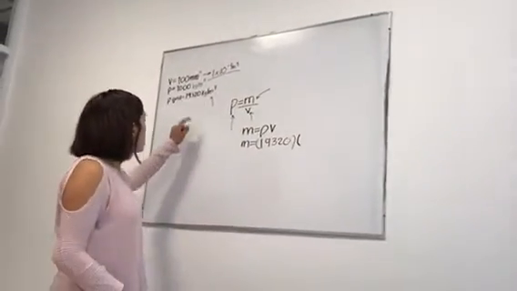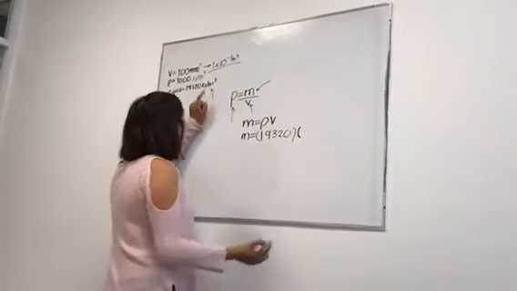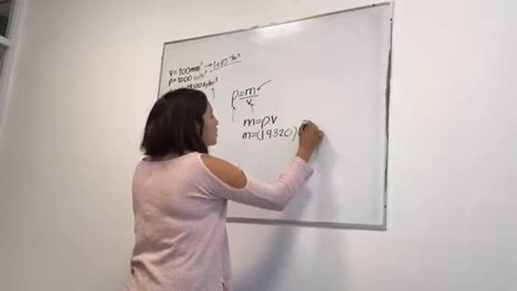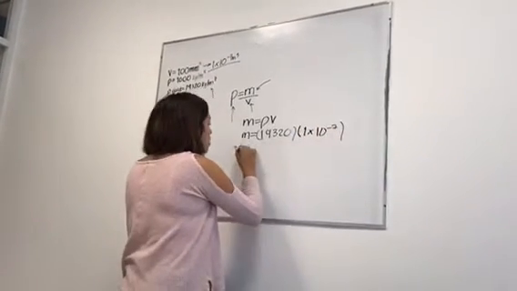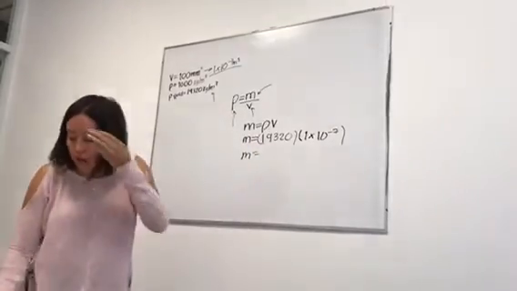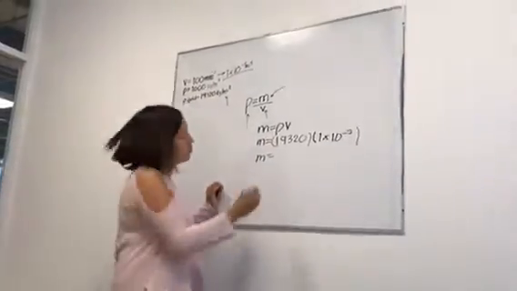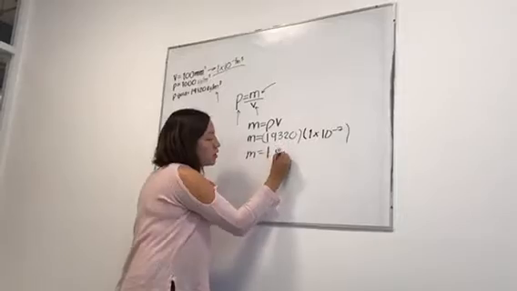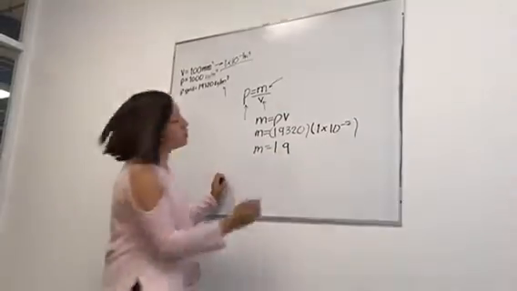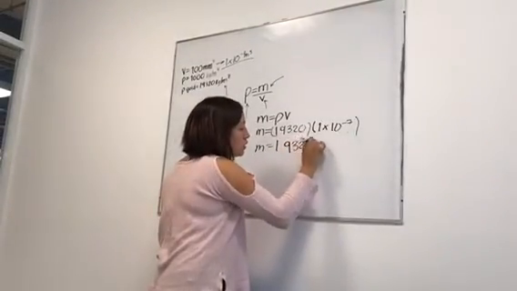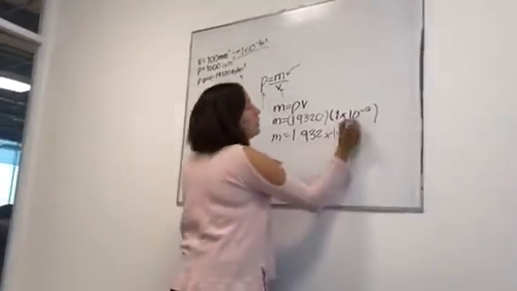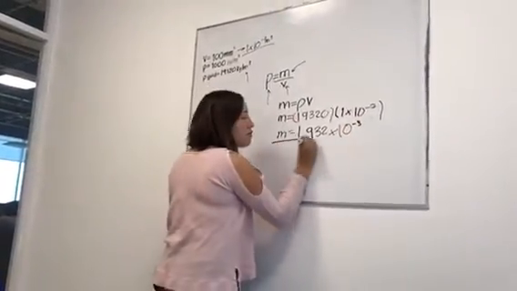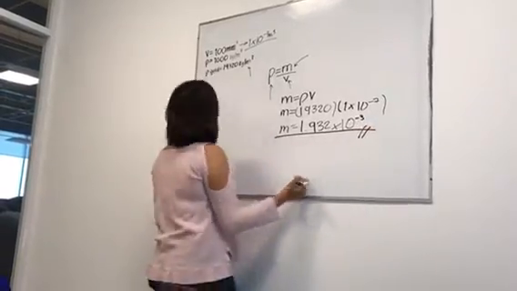So we substitute the value of volume, so the mass is going to be 1.932 times 10 elevated to minus 3. So we have the mass of the gold.